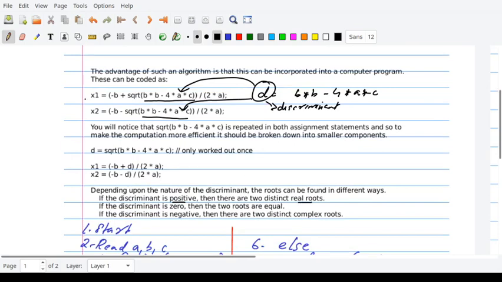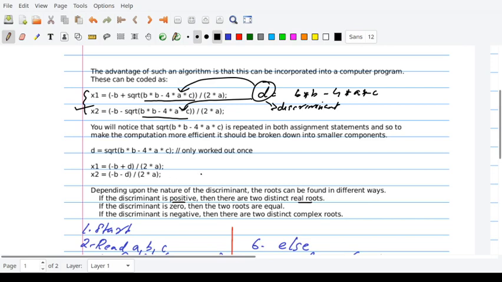So that is the case here. If your discriminant is greater than 0, then your roots will be calculated like this. If the discriminant is 0, then the two roots are equal. And if the discriminant is negative, then you will have two distinct complex roots.